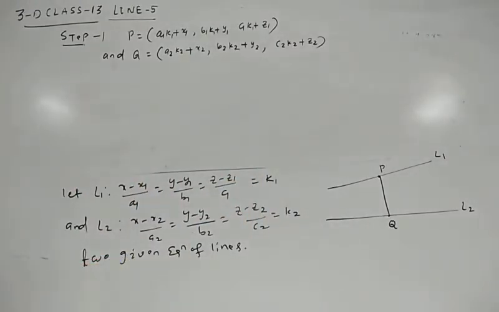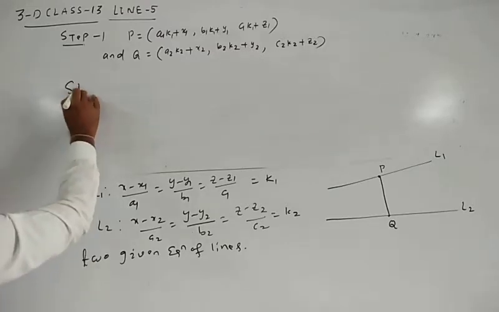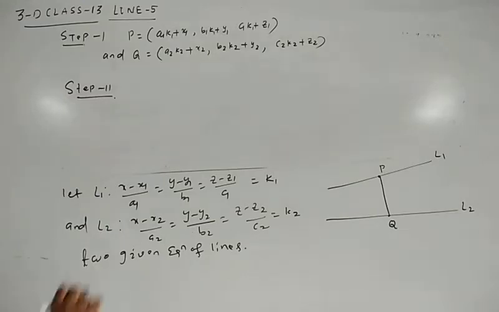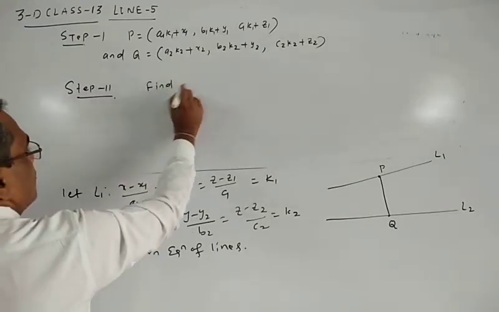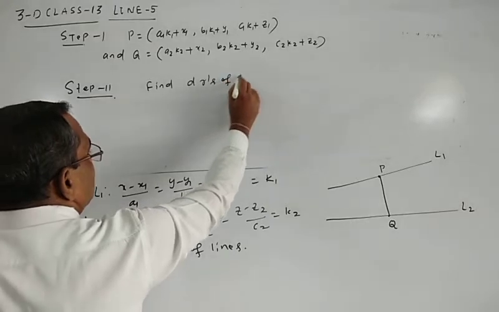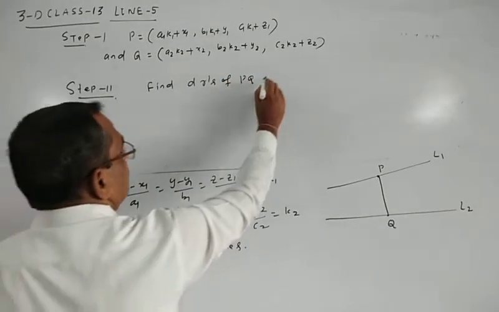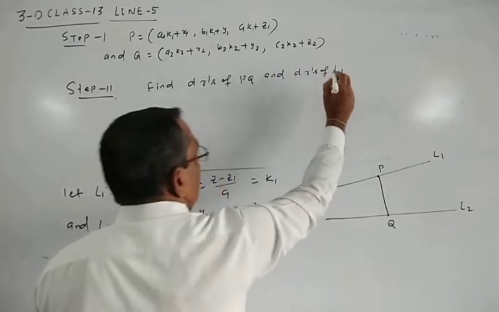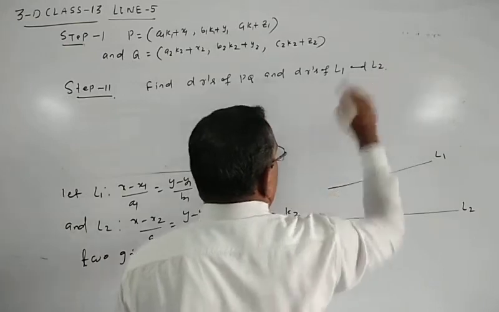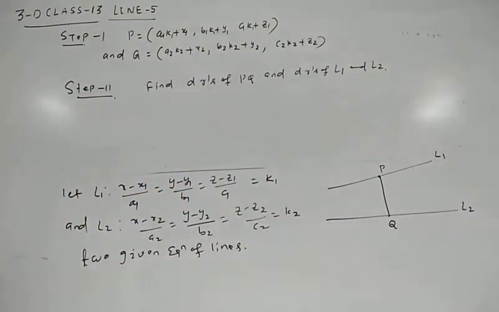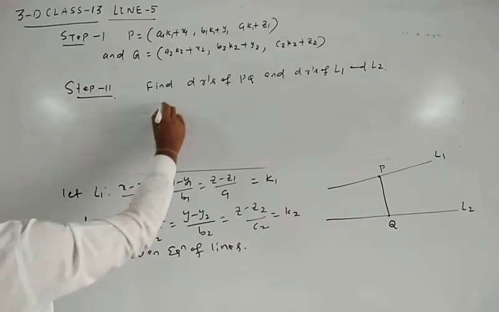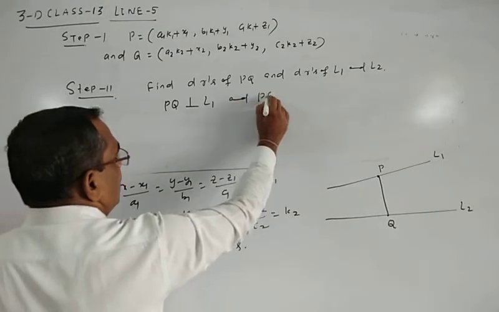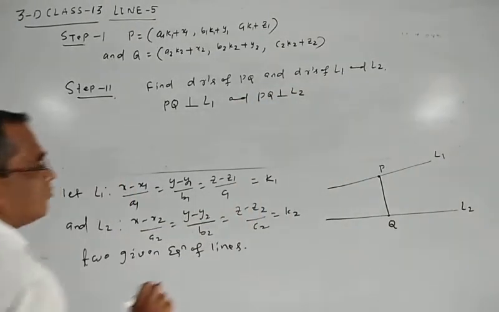In step 2, find the direction ratio of PQ and the direction ratios of L1 and L2. PQ is perpendicular to L1 and PQ is perpendicular to L2.